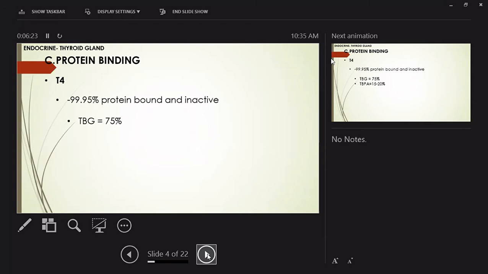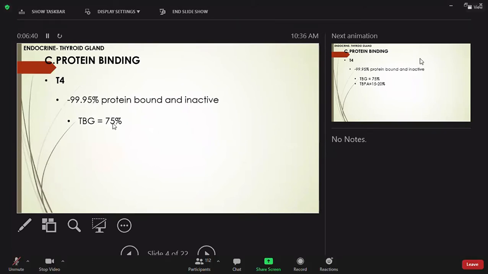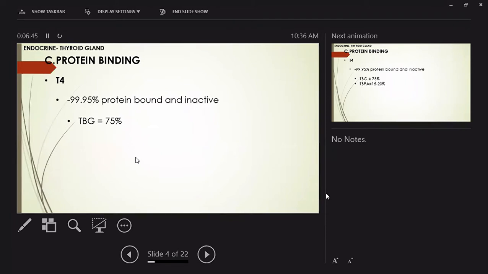Your thyroid hormone needs a binding protein to transport to the peripheral tissues, to the target tissues. So it binds to thyroid binding globulin. 75% of your T4 binds to your thyroid binding globulin.